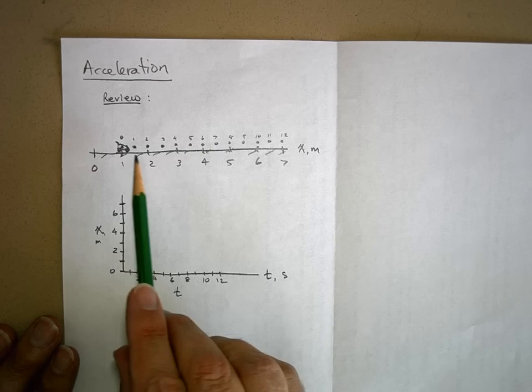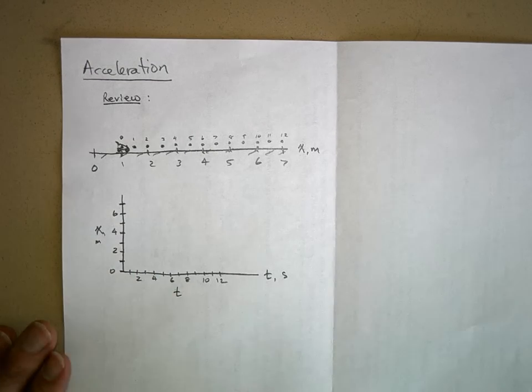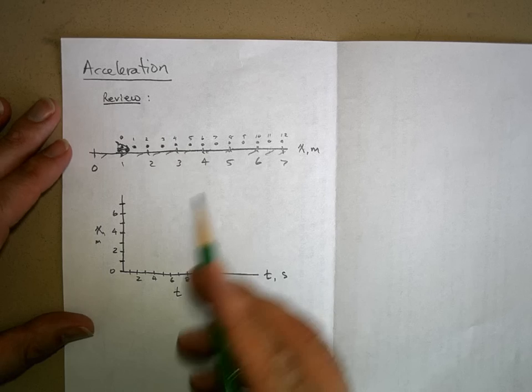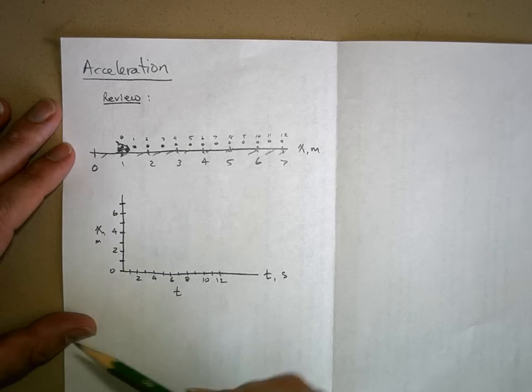So imagine a little toy car moving along at a constant velocity. That is, it's displacing the same amount for each period of time, each second. At t equals 0, it's right here.